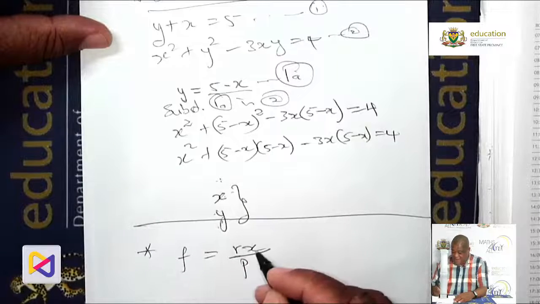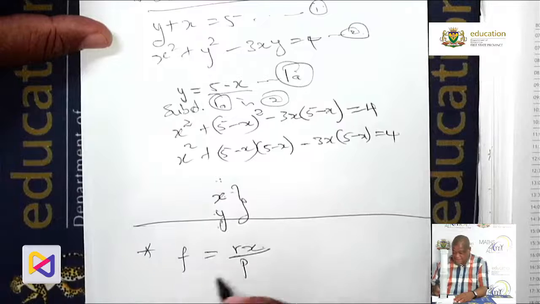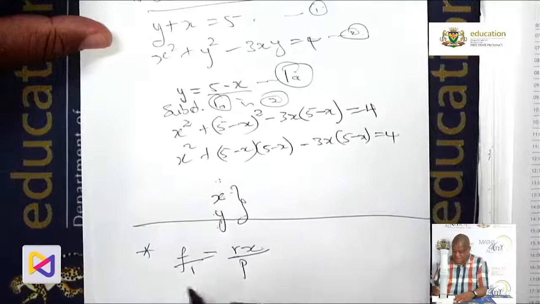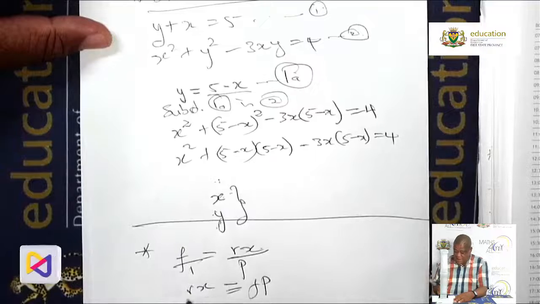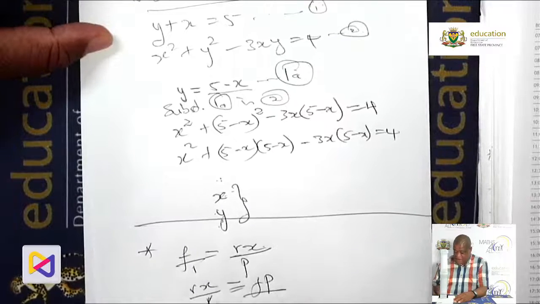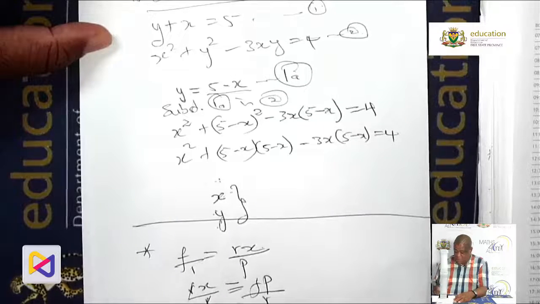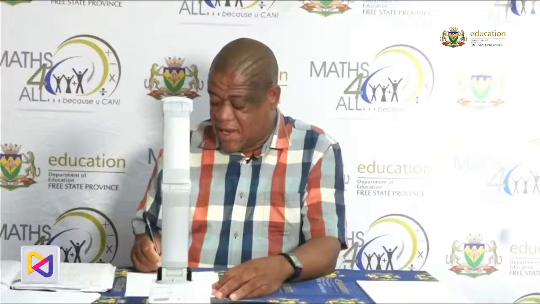After you have made x the subject of the formula, they're just testing whether you can do the cross multiplication and have it as rx equal to fp, and then divide both sides by r, because now you are looking for your x, which is fp over r.